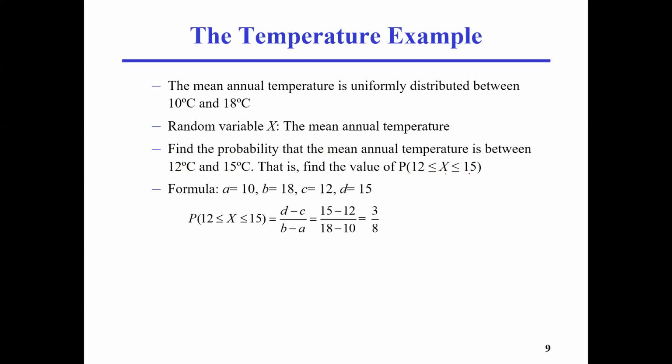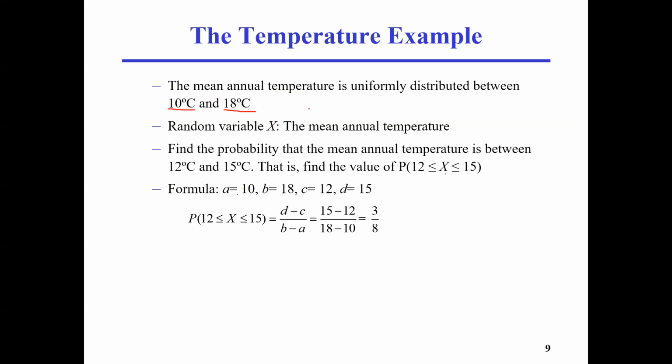With the easy formula, you need to find A, B, C, D. A is the minimum value for which the piecewise function has a value larger than 0. So it's 10, right? Because the annual temperature cannot be lower than 10 or higher than 18.